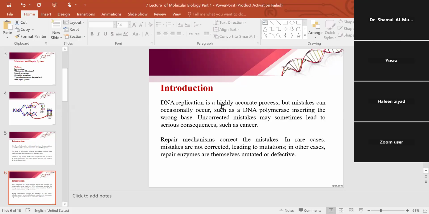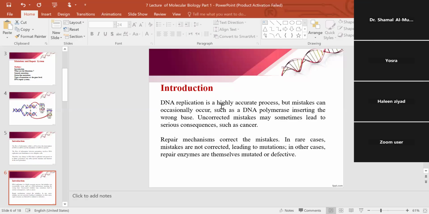DNA polymerase, you know this enzyme, works to put the correct nucleotide in the correct place, so any wrong in the DNA polymerase may affect the protein in the next generation.